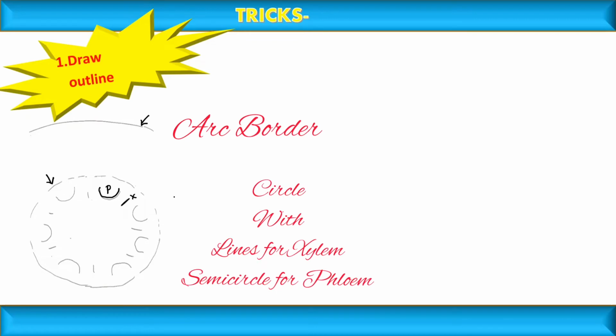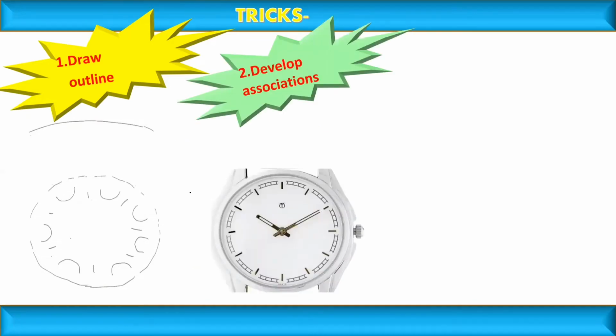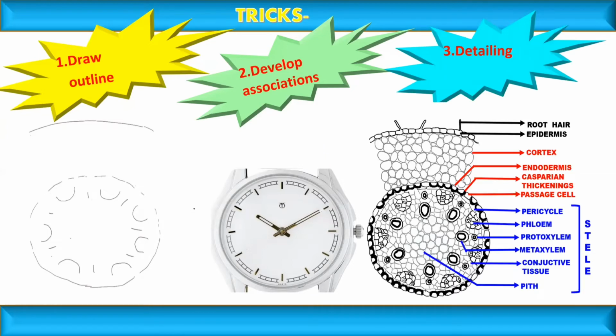Now the association which could be developed for this is a simple one, that is the dial of a watch. So here the xylem corresponds to the demarcations of the hours and then the phloem corresponds to the minutes in between. So after you do the detailing, you can see the various regions: the epidermis, cortex and then there is the stele.